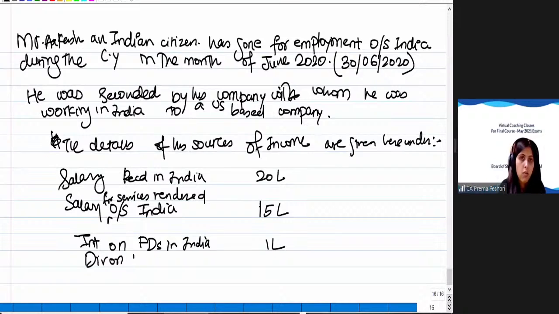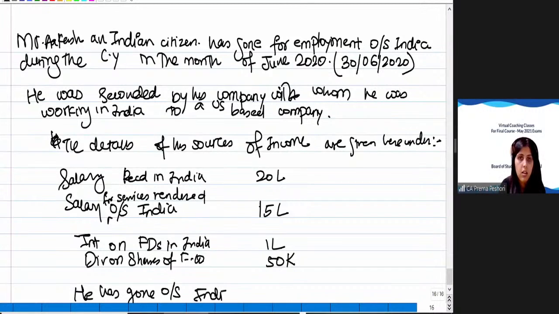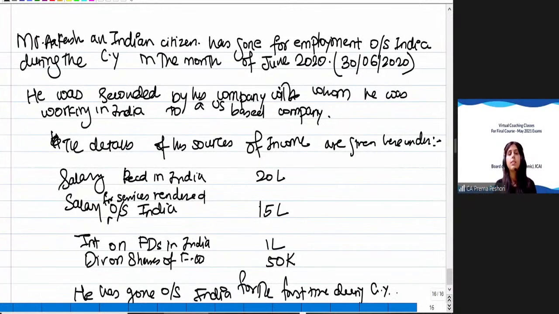Dividend on shares of a foreign company: 50,000. He has gone outside India for the first time during the current year. Determine his residential status.